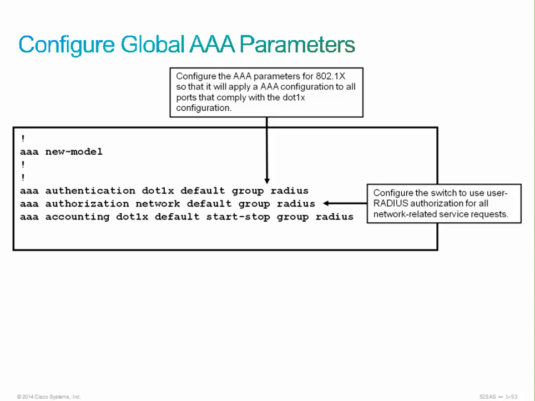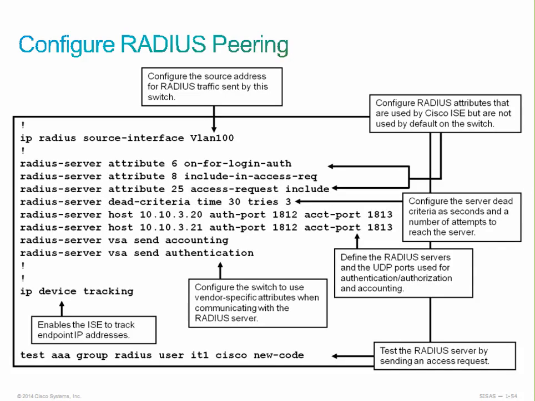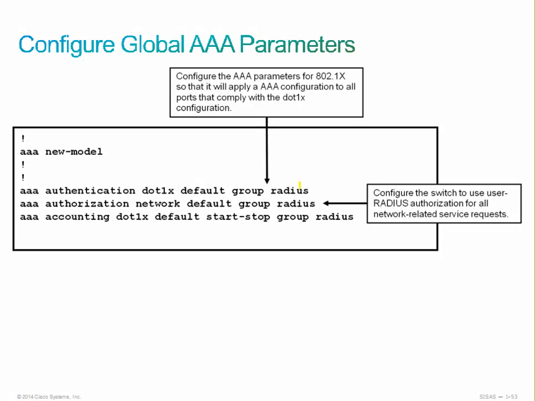All right. We use the aaa authentication dot1x default group radius command. That's the first command that you see here. Oops, sorry about that. Right here. The aaa authentication dot1x default group radius command, a global configuration command again, defines the authentication method that's going to be used by default on the switch ports.